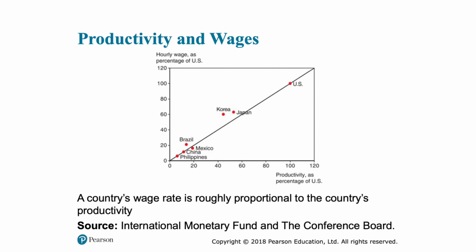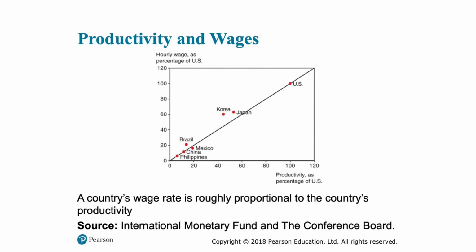Japan is here, Mexico is here. So this figure shows a one-to-one relationship, a tendency of productivity and wage rate showing the same trend. So this figure shows that cross-country data verifies an empirically positive relationship between productivity and wages.